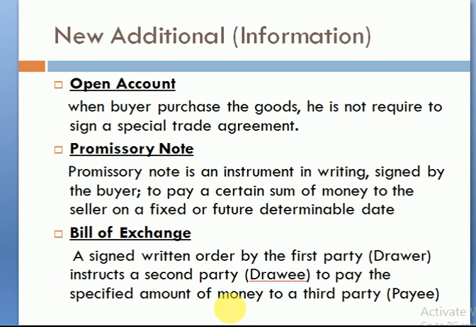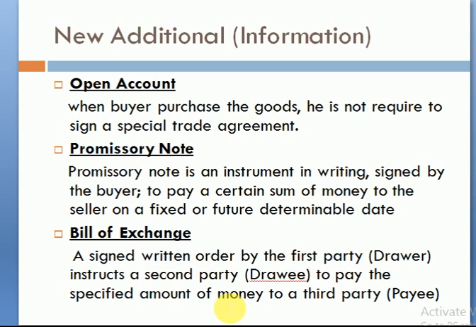Look, I make some credit purchase, and I promise to you people that I will make payments to you after 1 month, after 2 months. So the written promise which I give to you from my side is called a promissory note.